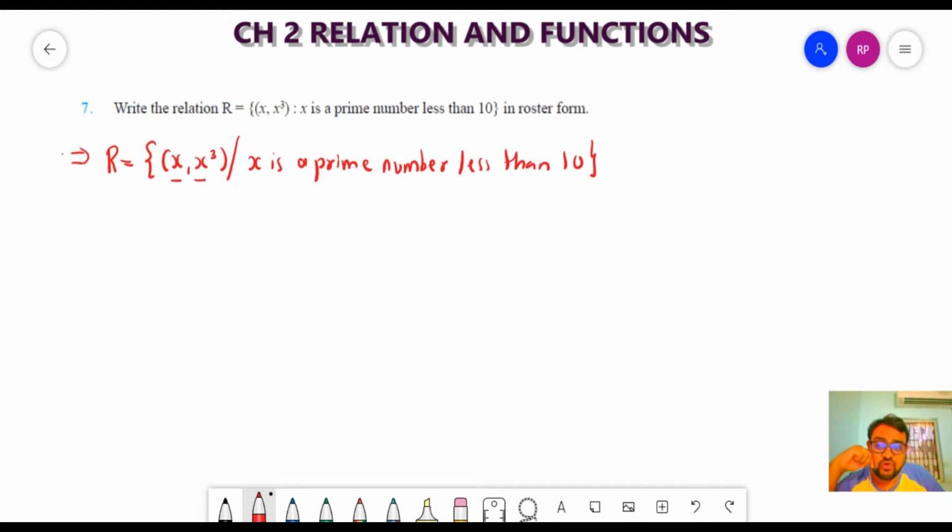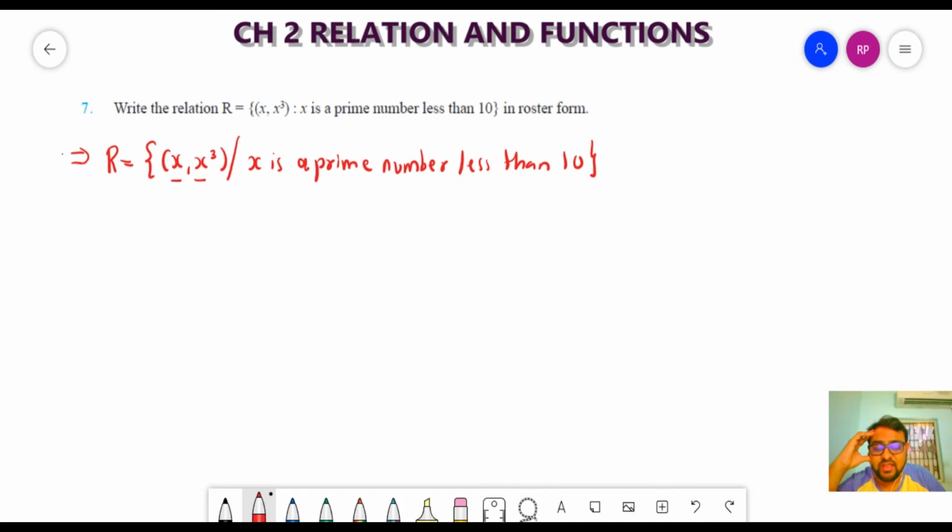Which values of x can you take? It is given that x is a prime number less than 10. The prime numbers are 2, 3, 5, 7, 11, but 11 is greater than 10.